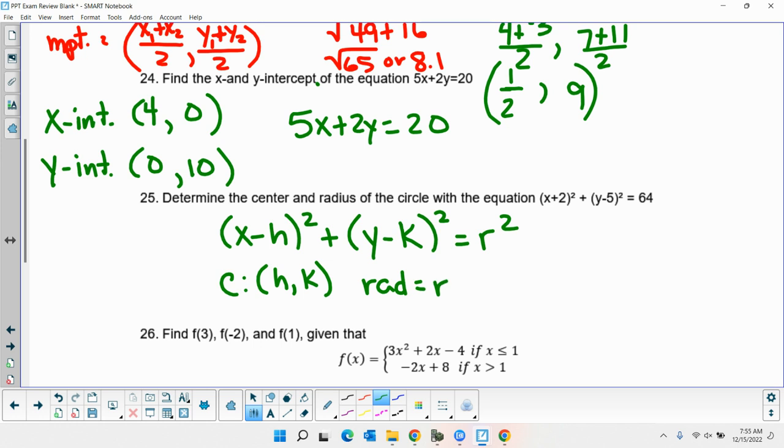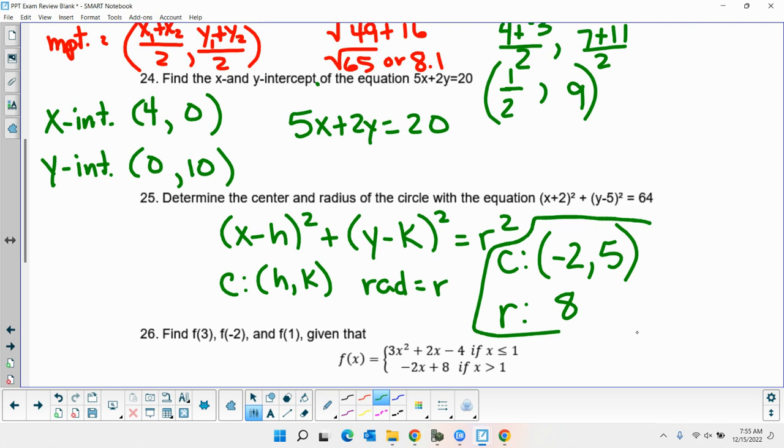Okay? So I just look at these and take the opposite of those. All right? So the center for this is -2, 5. Just looking at those. And the radius is the square root of 64. Don't forget, it's the square root of that number.